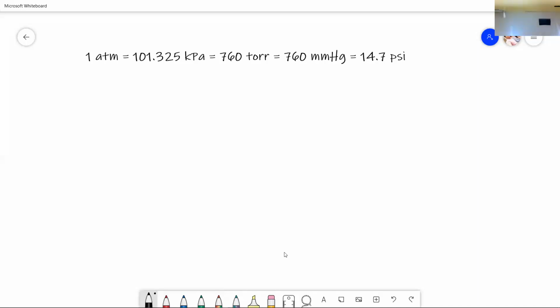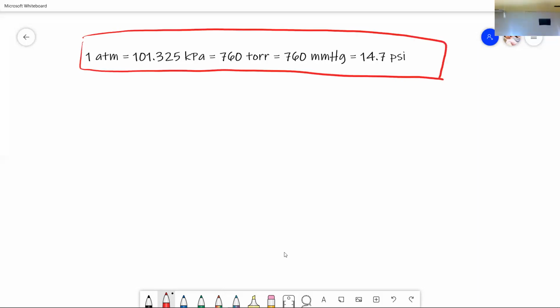Sometimes you're going to use psi, millimeter of Hg, torr, kilopascal, and ATM. But in our equation, we usually use ATM. Now this is an example of how to convert from these units.